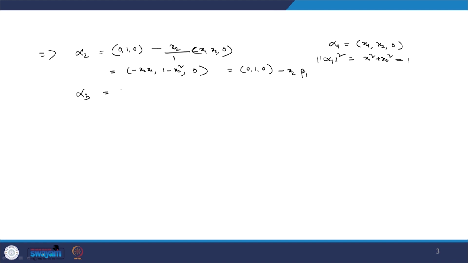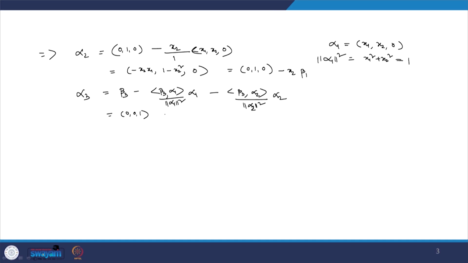Alpha 3 is equal to beta 3 minus inner product of beta 3 and alpha 1 by norm of alpha 1 square into alpha 1, minus inner product of beta 3 and alpha 2 by norm of alpha 2 square into alpha 2. Beta 3 is 0, 0, 1, and the inner product of beta 3 and alpha 1 is 0, because alpha 1 contains only the first and second entries and beta 3 is non-zero only at the third entry.